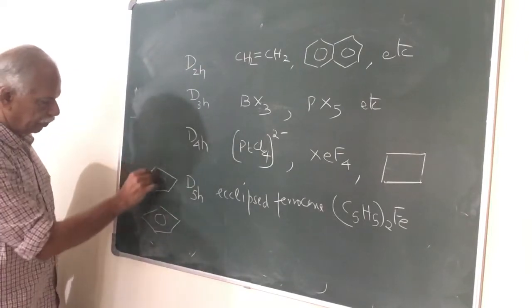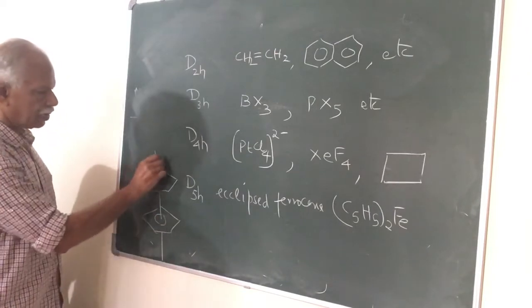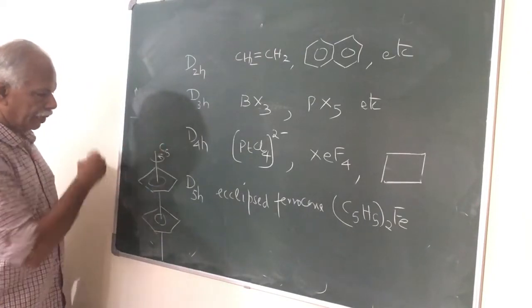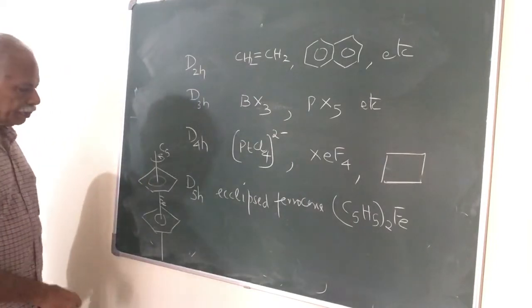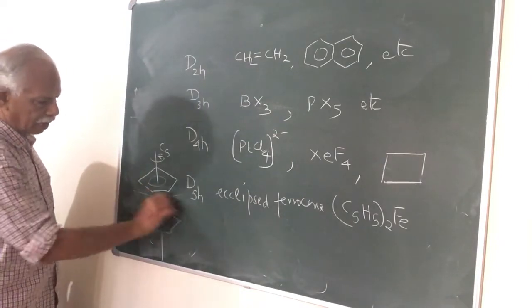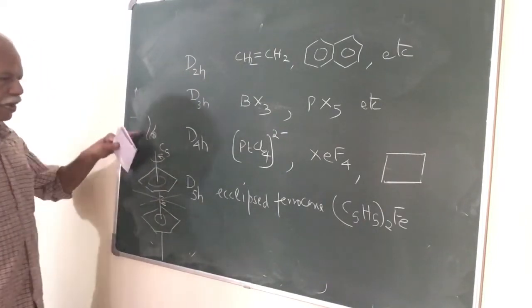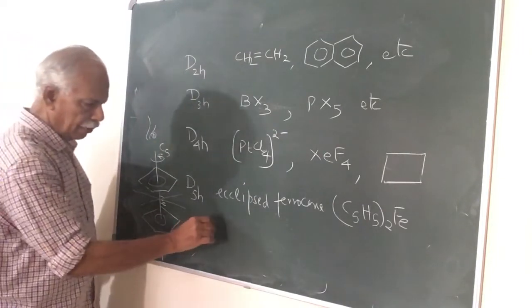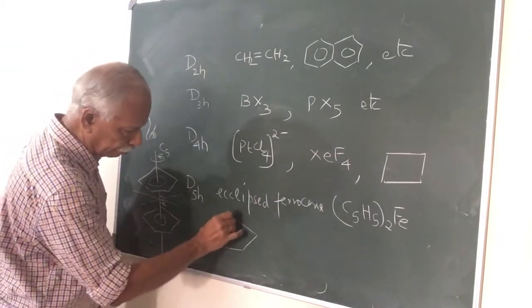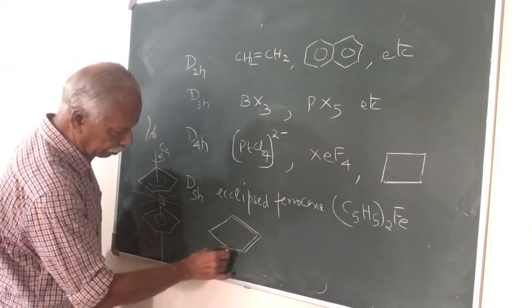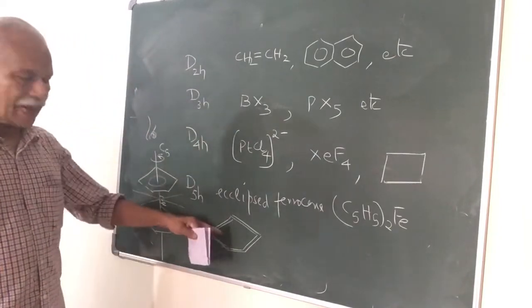This is the C5 axis, passes through the central ion, and C2 axes are here. If you observe it from the top, the eclipsed nature will look like two rings eclipsing each other.